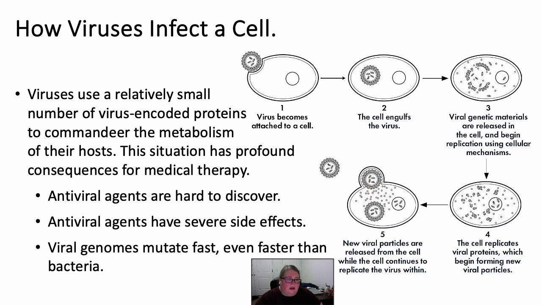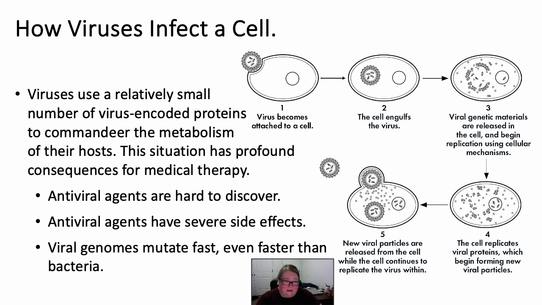Okay, so because of this, and the fact that viruses have very small genomes and they only code for a very small number of proteins, this is why we don't have a lot of antivirals out there, because we can't really build antiviral medications because there's not a lot of things to target.